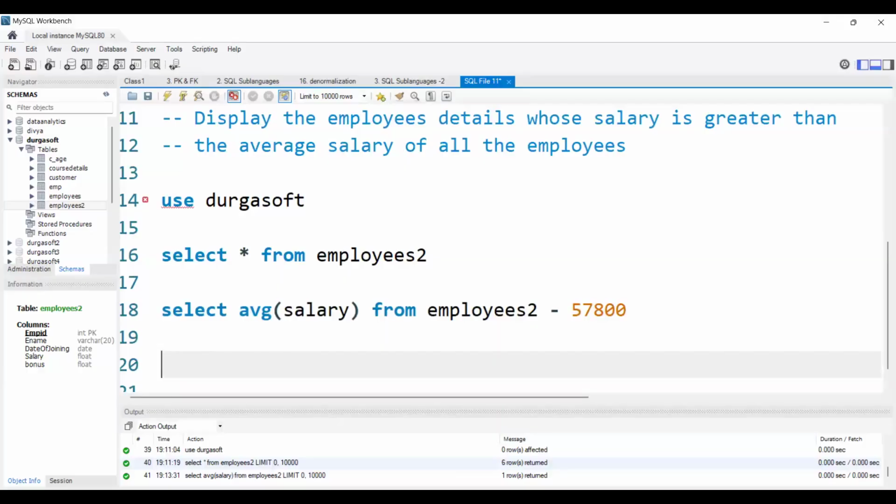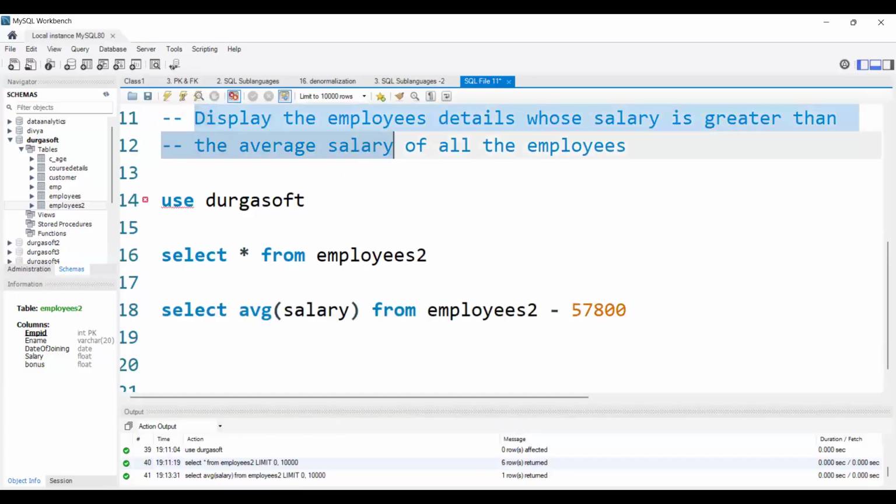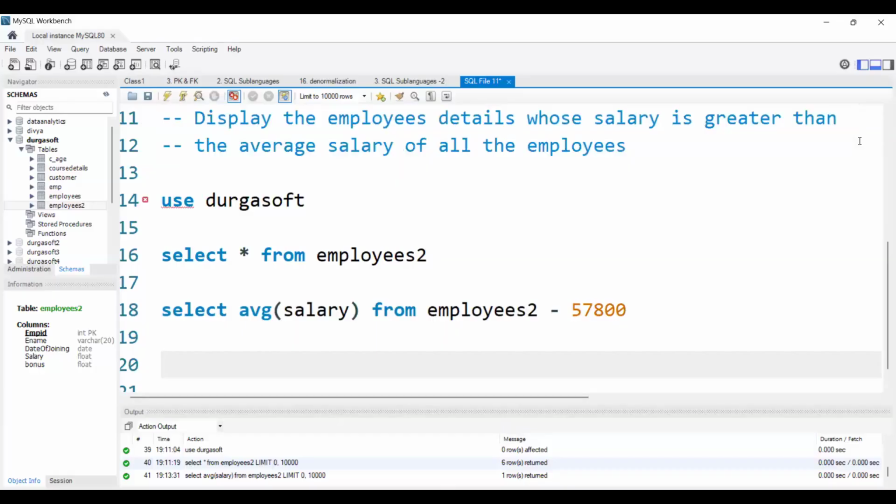Now, in my question, I said display the employee details whose salary is greater than the average salary of all the employees. If I write display the employee details, I need to write select star from employees 2. This will display all the details of the employees, correct?